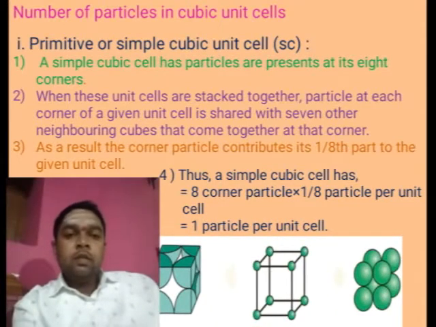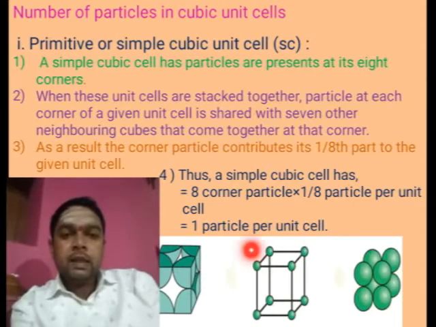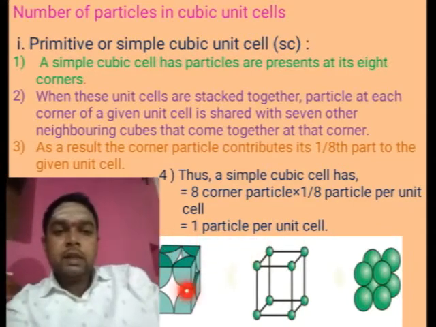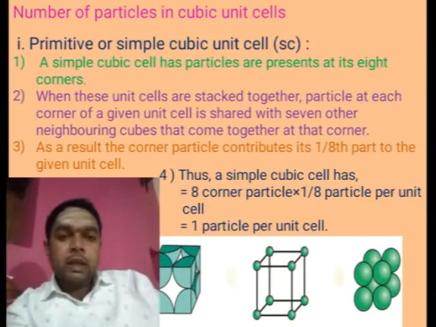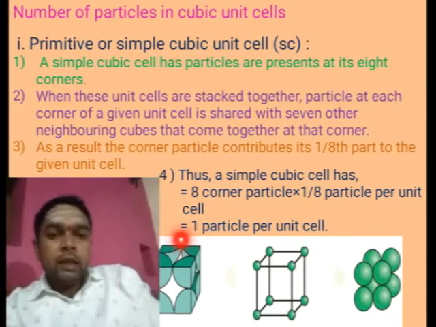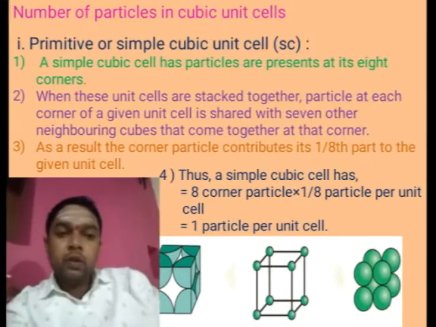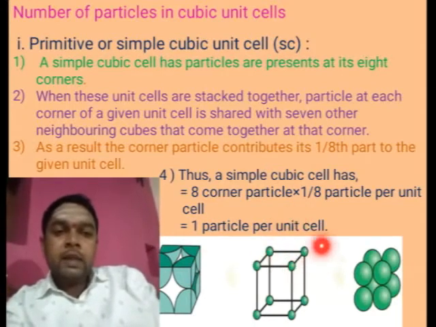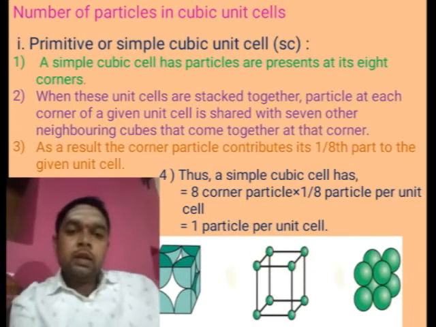This is a body-centered unit cell. Each corner contributes a 1/8 part to each unit cell, as a whole sphere is shared with the neighboring 7 unit cells.